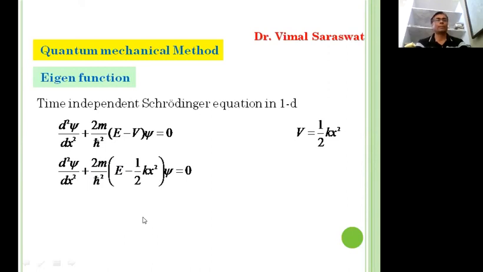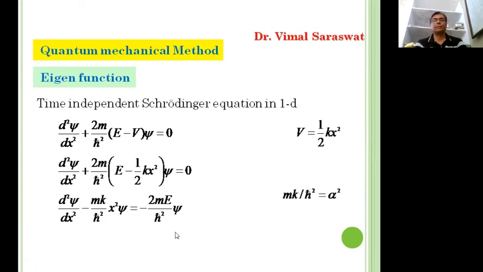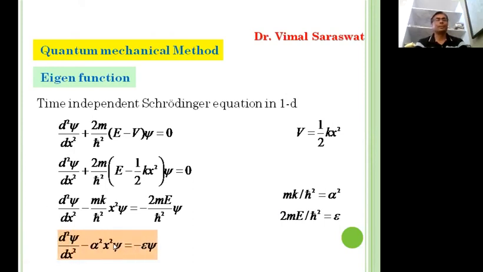So the form of this equation will be d2 psi by dx2 minus mk by h cross square x square psi is equal to minus 2mE upon h cross square psi. Now we assume that mk by h cross square is equal to alpha square and 2mE by h cross square is equal to e. So the form of this equation will be d2 psi by dx2 minus alpha square x square psi is equal to minus e psi.